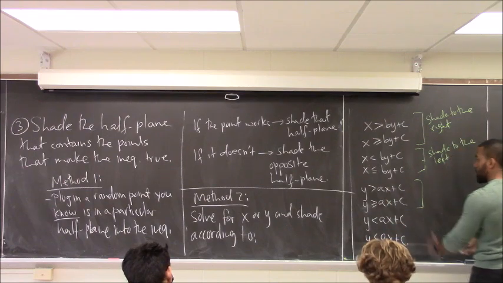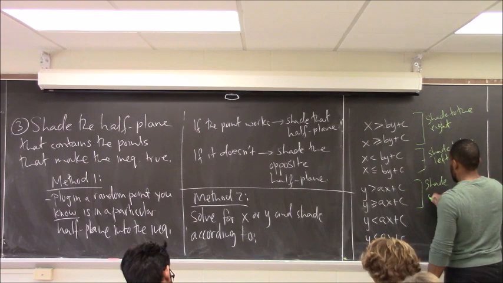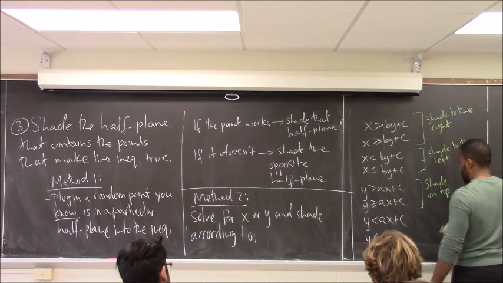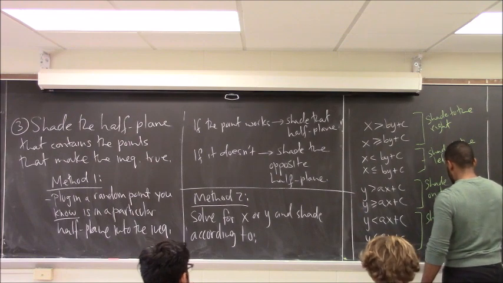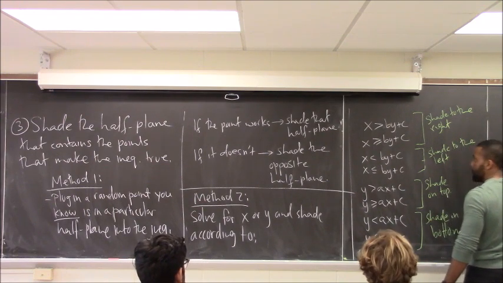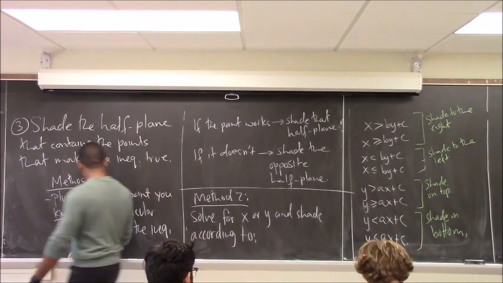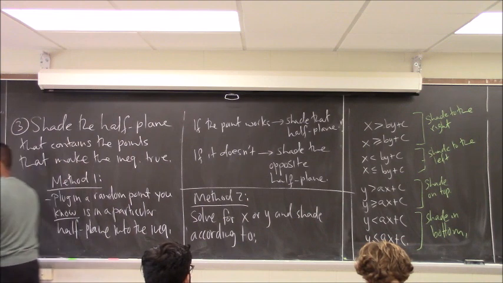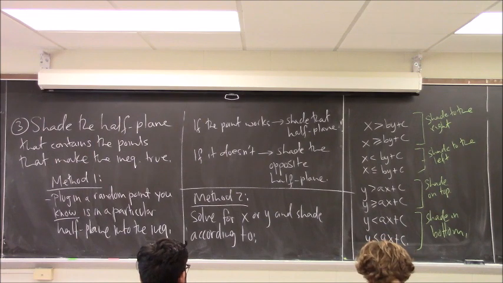If your y is bigger than blah, or bigger than or equal to, shade on top. And if it's less than or equal to, shade on bottom. So we're going to throw shade according to one of these two mechanisms. You can pick the one that you like more. Let's actually just do some examples now.